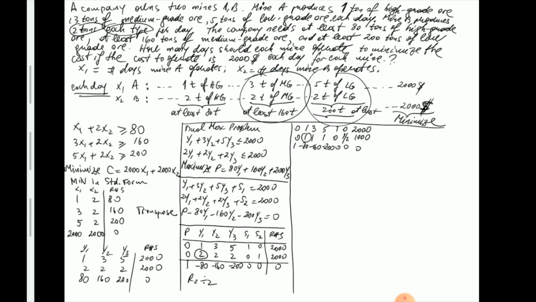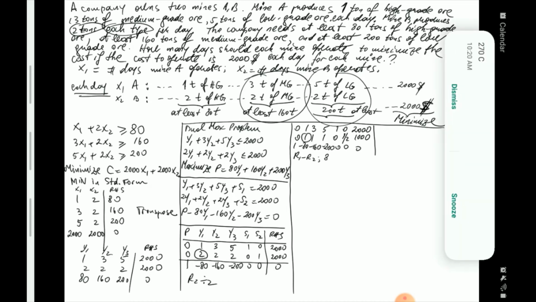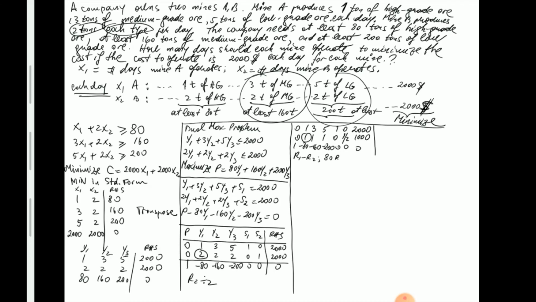And then on the next stage we do row 1 minus row 2, and obviously 80 row 2 plus row 3. Let me see if maybe I shouldn't do that, but I'm trying to squeeze them side by side, but let's see if that works.